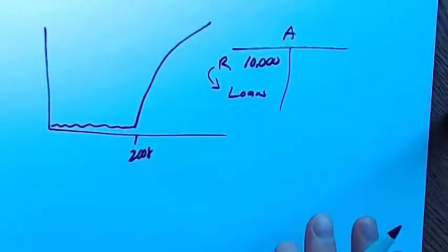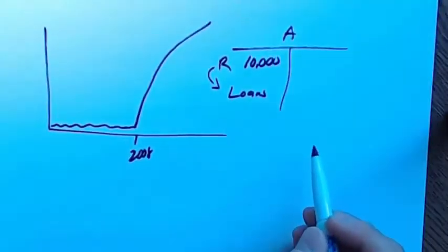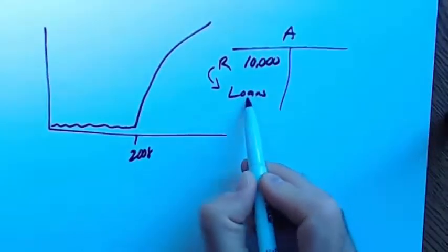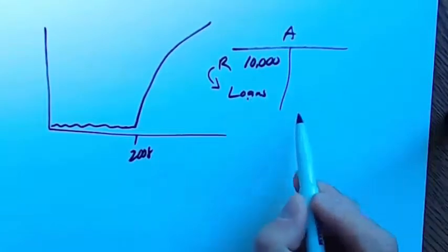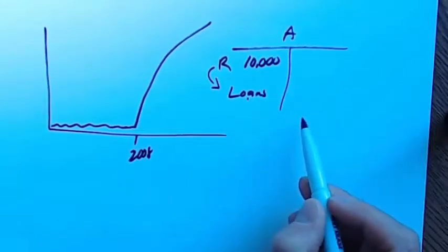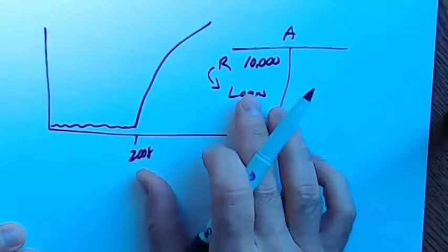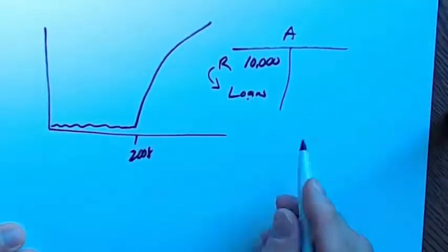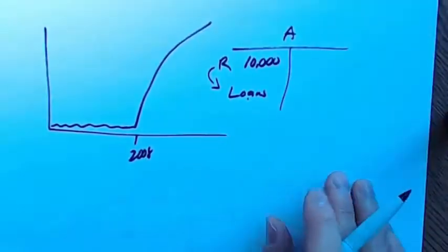So what people are concerned about is, look, as soon as the economy gets really strong, banks will start lending. And when they start lending, this multiplier process I've been explaining will blow up on us. The money supply will get out of control, and we'll have inflation.